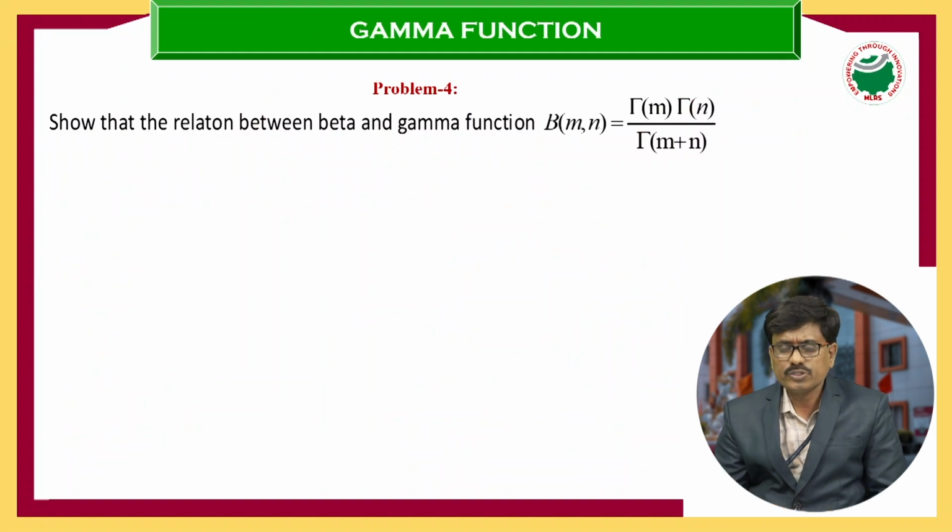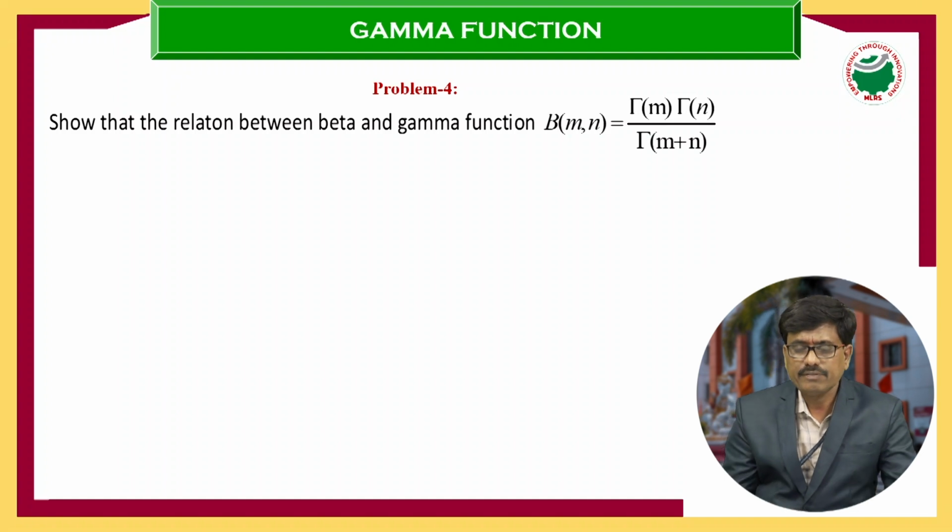Okay, let me go with a very important concept, because most of the time we didn't prove it. Always we are saying the beta function is a two variable function. We are converting into the single variable function to evaluate the beta and gamma values. Here there is an important result about the proof of the relation between beta and gamma.